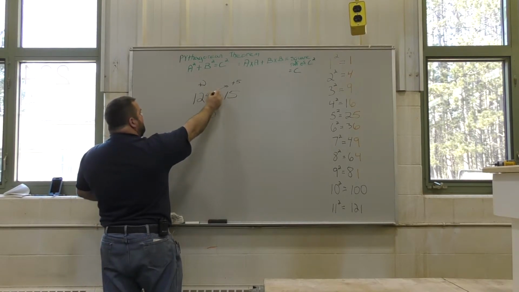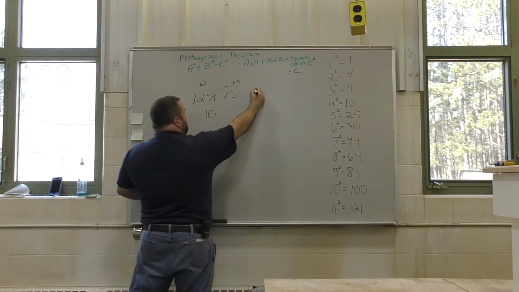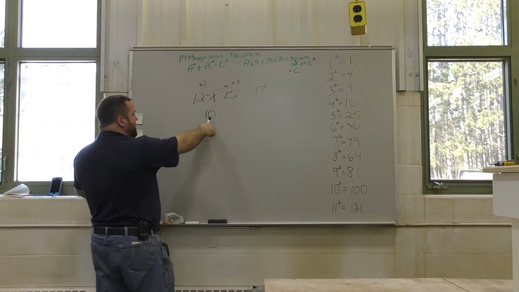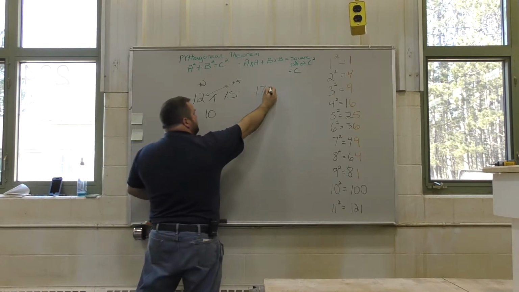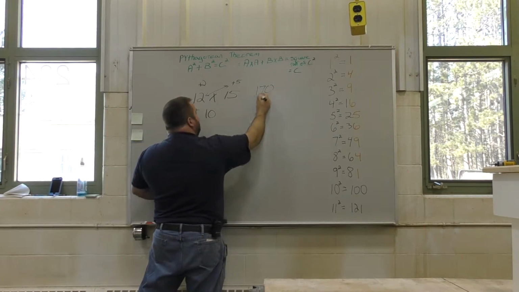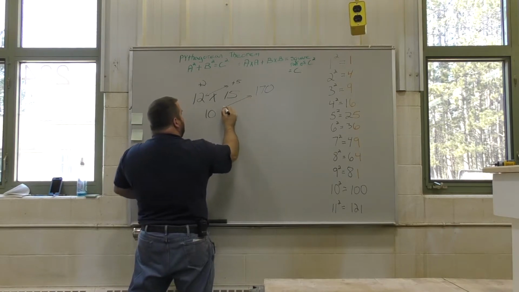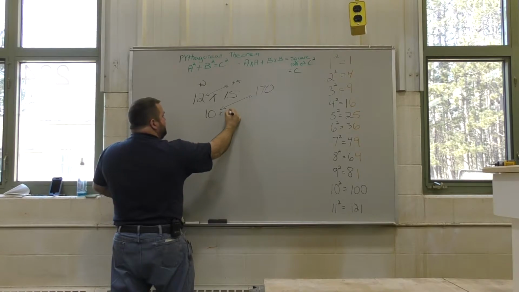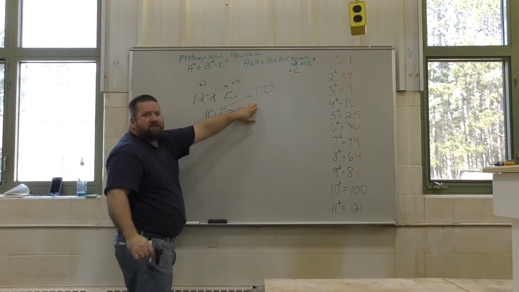If we add the 15 plus the 2, we come up with 17. So 17 is our first two numbers. It's a 10 unit, so we're going to add a 0 to that. We're multiplying 10 times the 17, and that gives us 170.